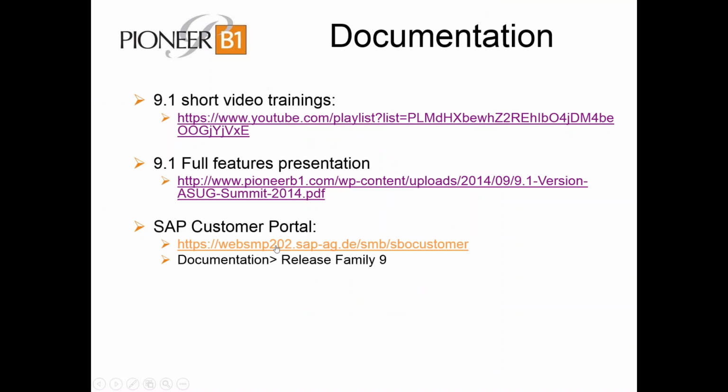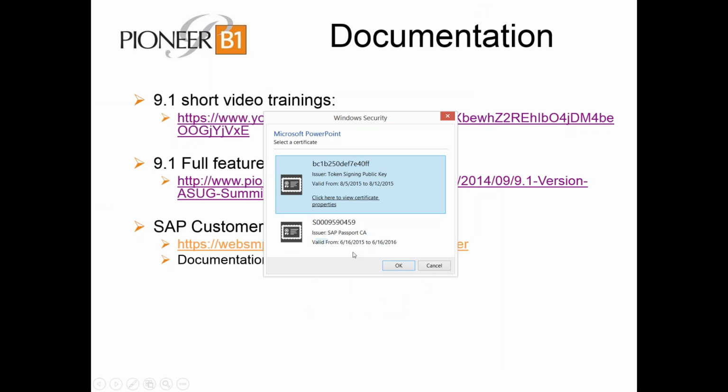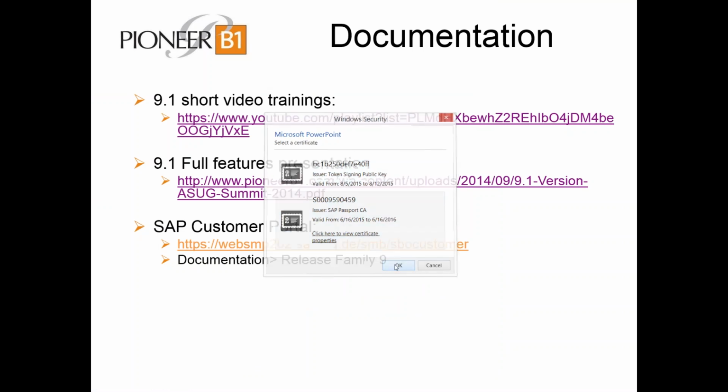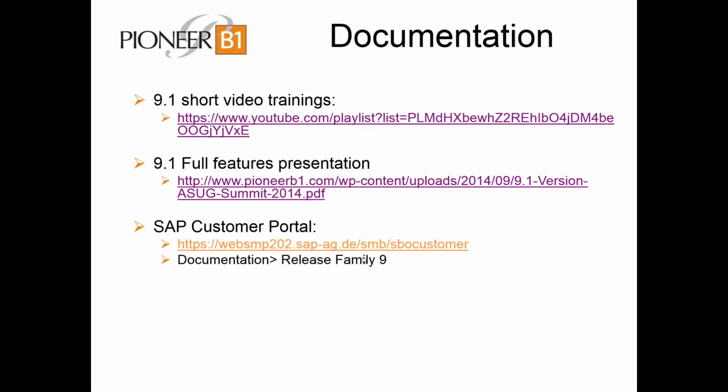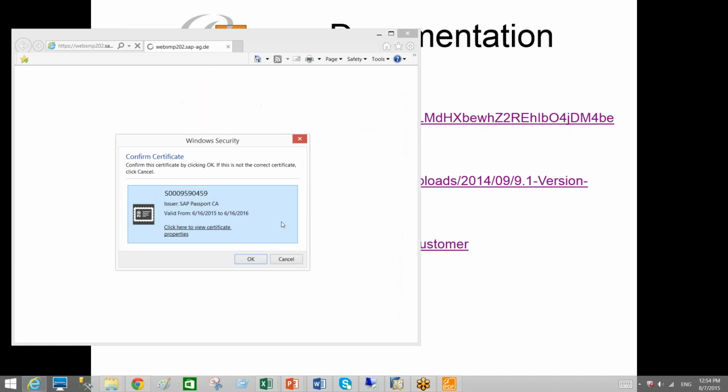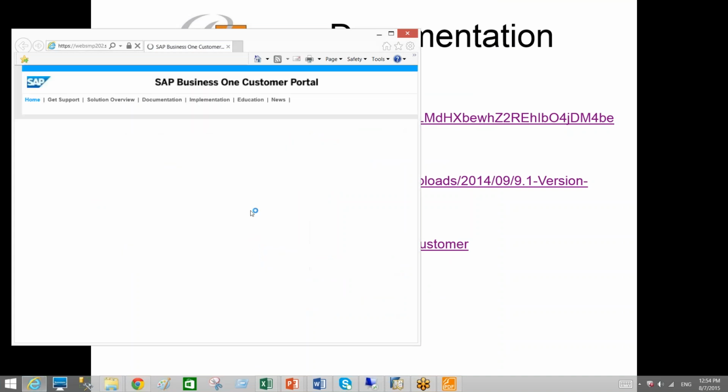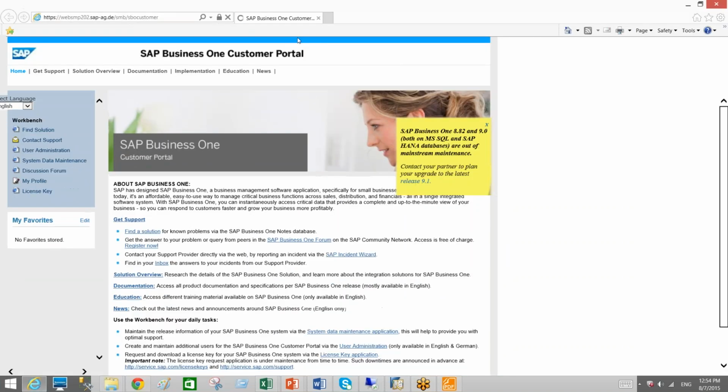And the third place to connect is the SAP customer portal. It requires an S number that I hope all of you have. But basically, if I enter my password, it will open for me the customer portal for Business One.